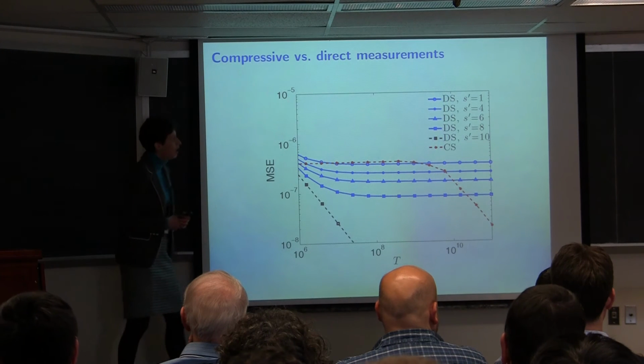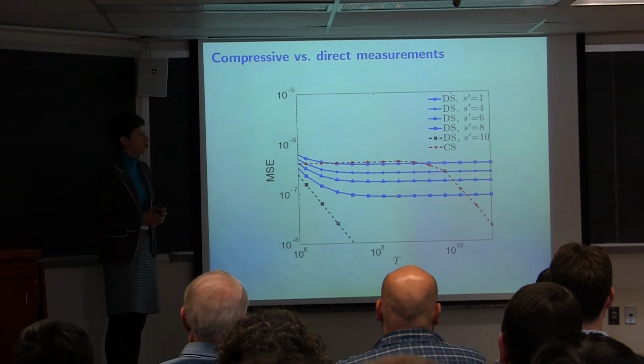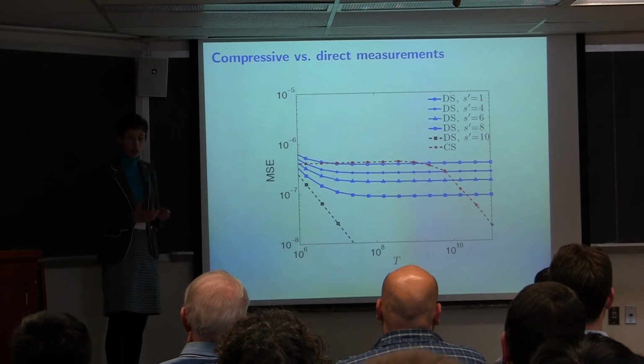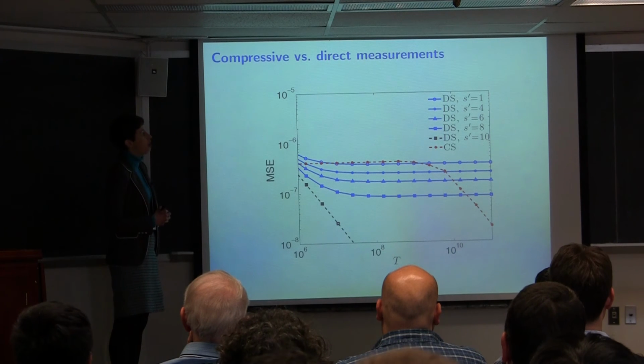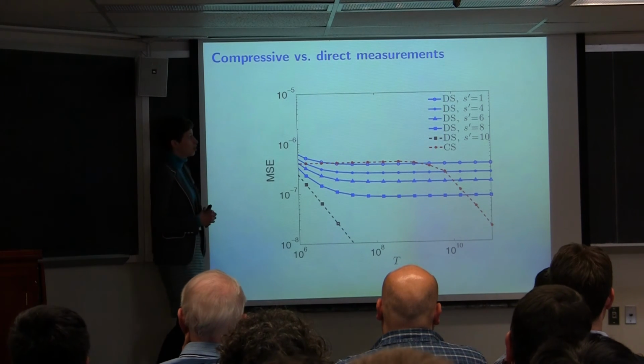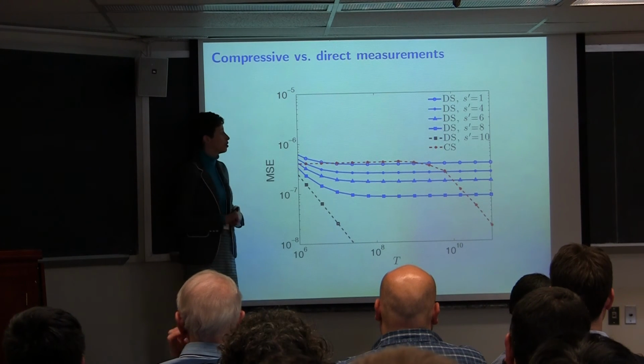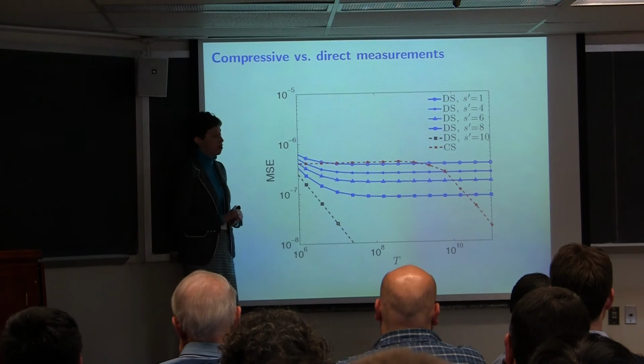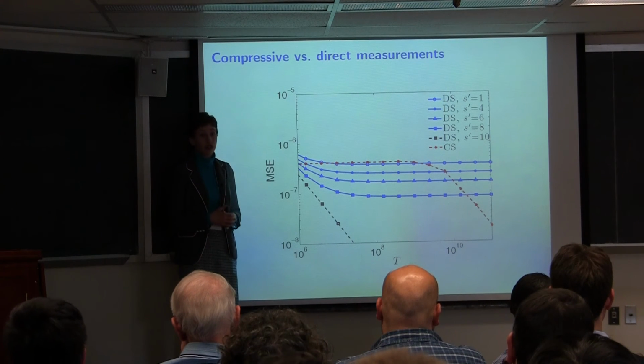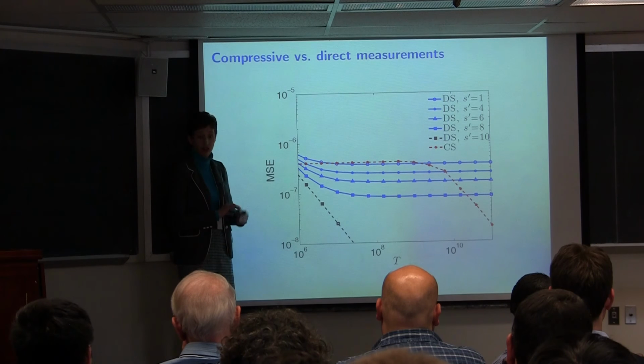Of course, this is for one specific sparsity model, but it showcases how the interaction between our sparsifying assumptions and our various physical constraints can lead to results that are very different from what we might naturally assume based on some of the other literature.